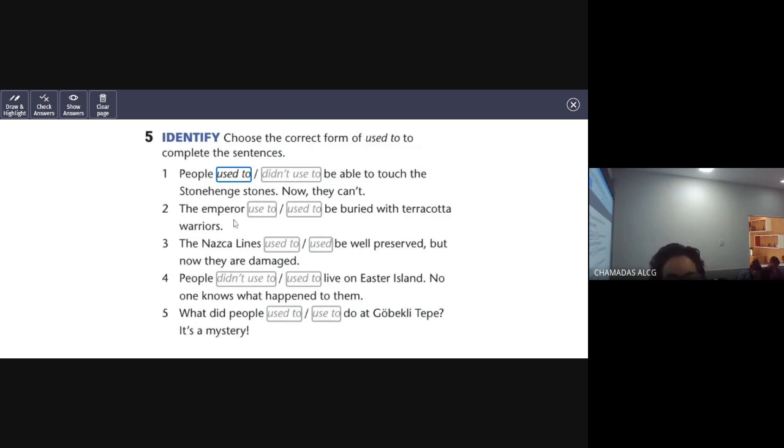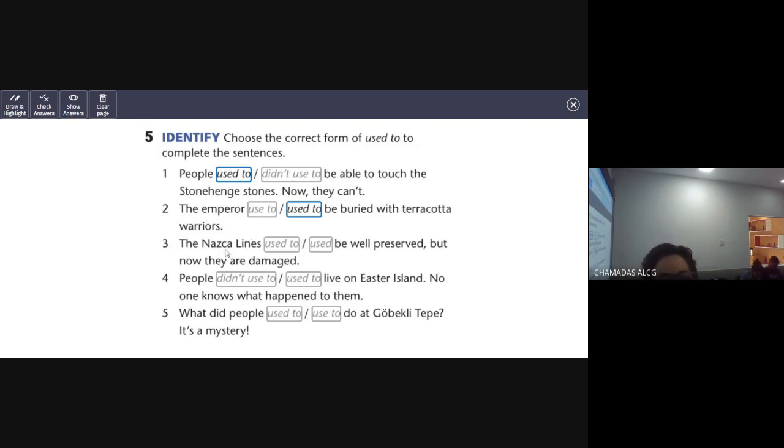Now, number 2, the emperor used to be buried with terracotta warriors. Now here they are talking about the emperor in China, okay?